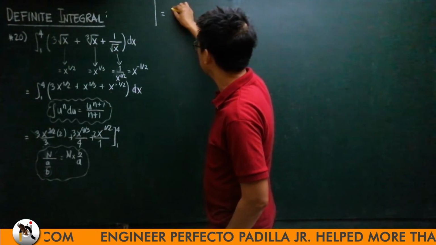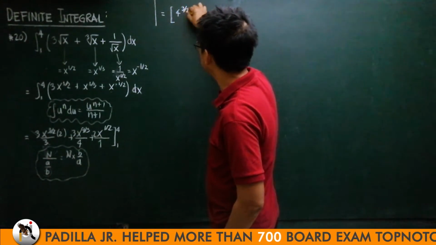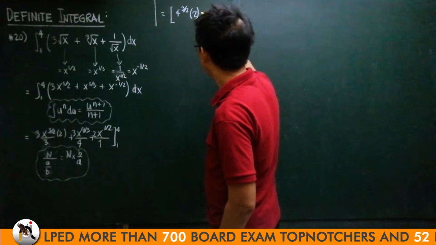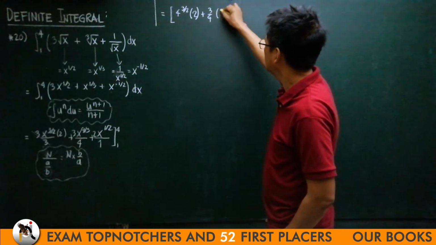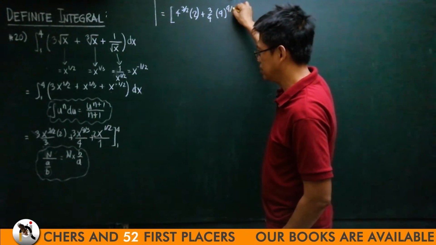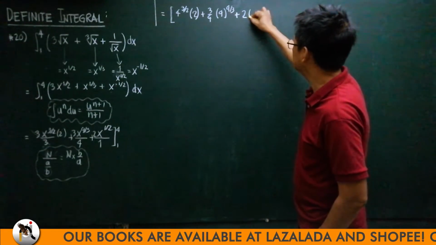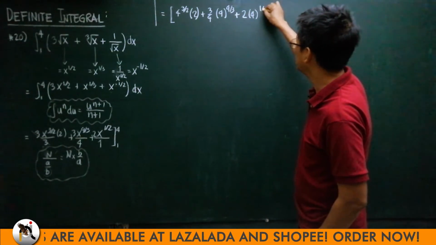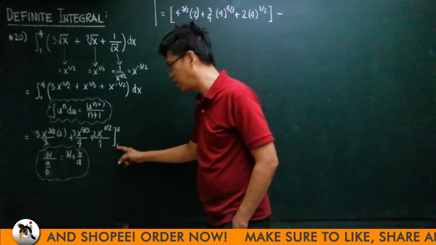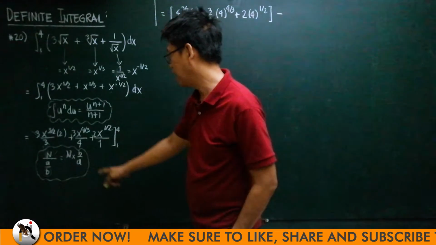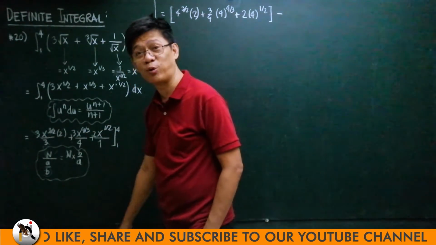So this is going to be 4 to the 3/2 times 2 plus 3/4, 4 to the 4/3 plus 2 times 4 to the 1/2, minus, substituting the lower limit, you have 1, 1, 1. 1 raised to any exponent is 1.